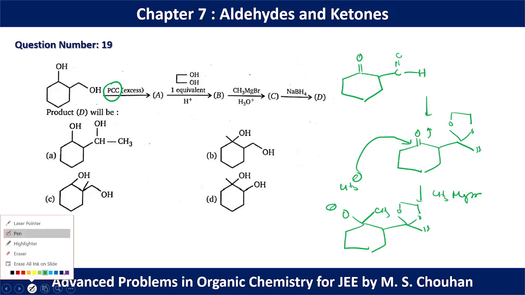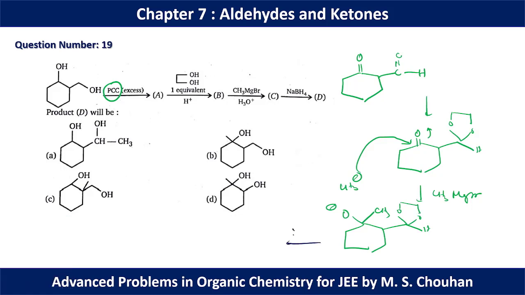Okay, and finally we have acidic workup. In the acidic workup, the demasking should happen, and finally we have sodium borohydride. In sodium borohydride, the aldehyde will be converted to alcohol. So for question number 19, option B should be the correct option.